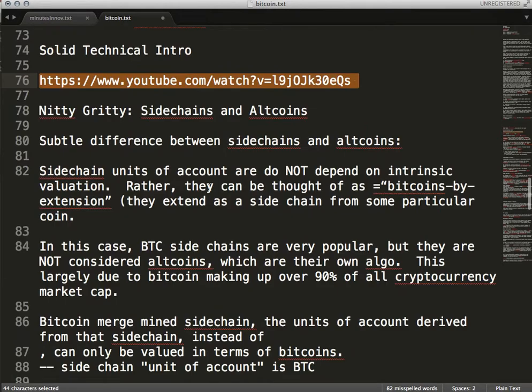What I'm going to talk about, however, is the difference between sidechains and altcoins, which at first I thought were a little bit crazy. I wanted to know why Bitcoin was insufficient. And immediately I thought if people were trying to make alternative coins or sidechains, then there must be some deficiencies in Bitcoin.